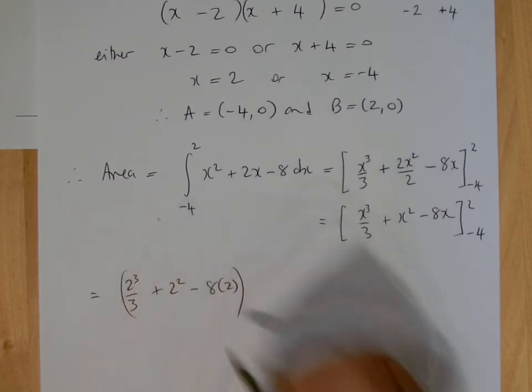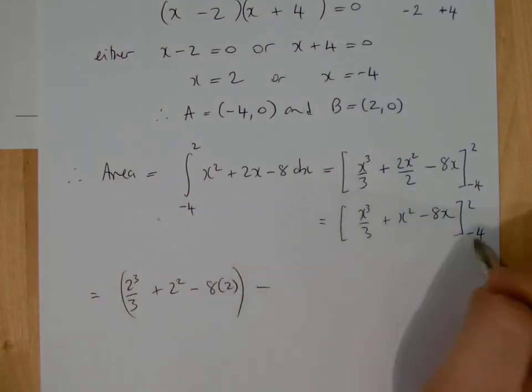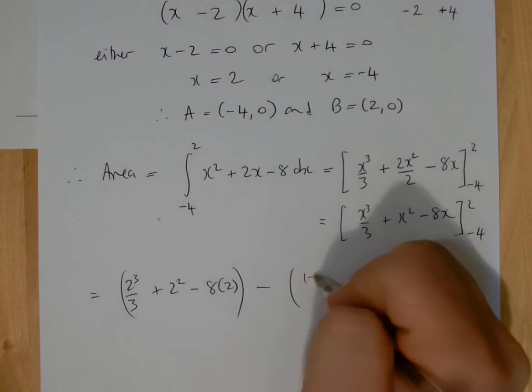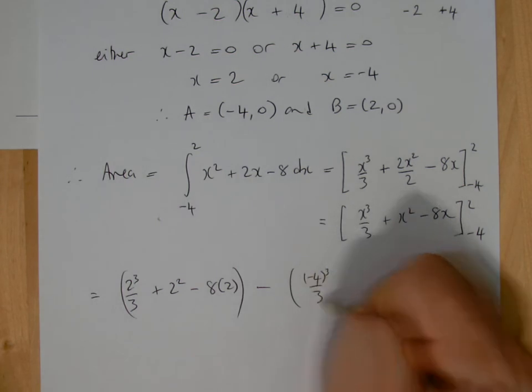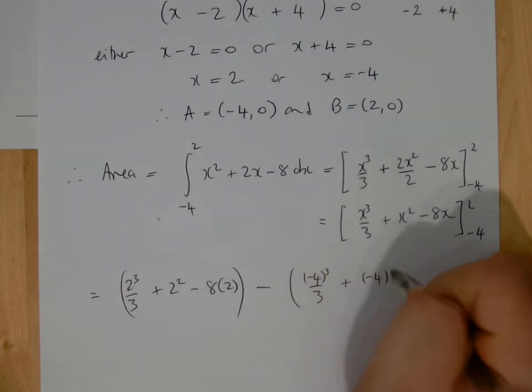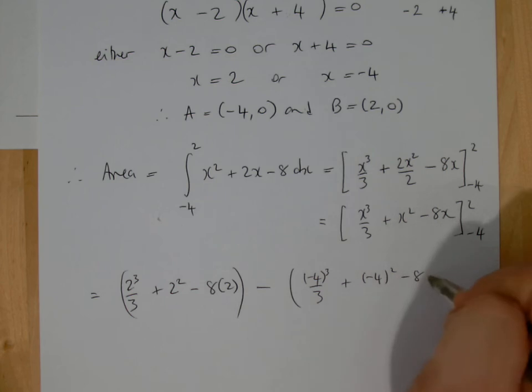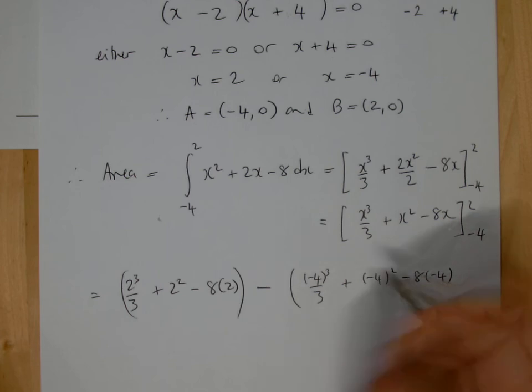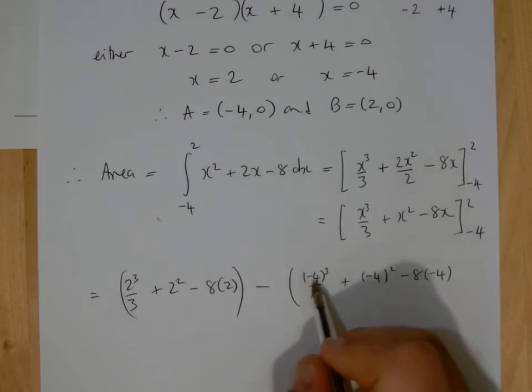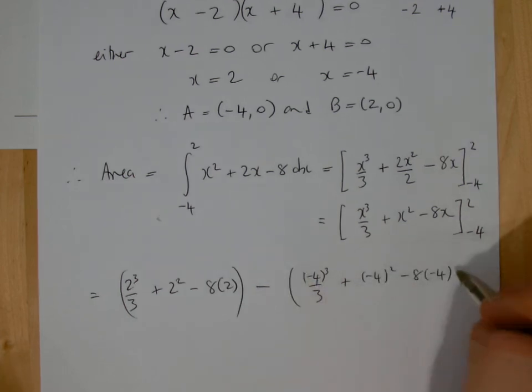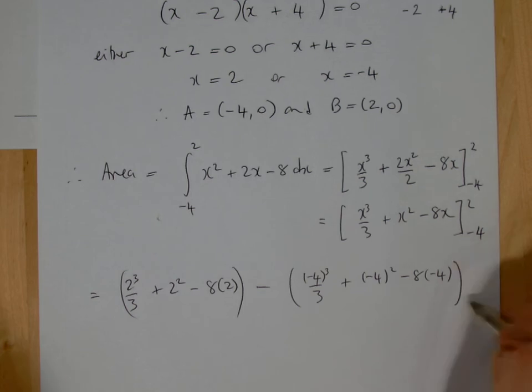That will be one big bracket. Take away, then, let's put minus 4 in: minus 4 all cubed over 3, plus minus 4 all squared, and then take away 8 times minus 4. Remembering, when you've got a negative value, it's so important to use a bracket to show that you're cubing it all. Otherwise, you're going to get a wrong answer on your calculator.